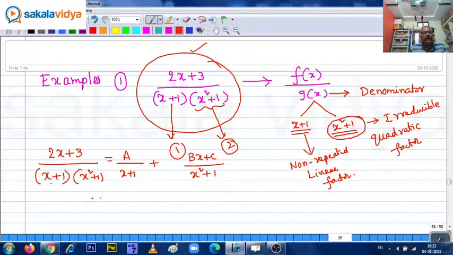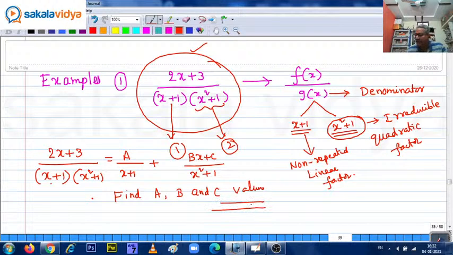A constant is already there. If you are able to find these a, b and c values, then the partial fractions can be easily evaluated. So first we need to write this step. After that we find a value, b value, c value. After substituting them, you get the partial fractions.